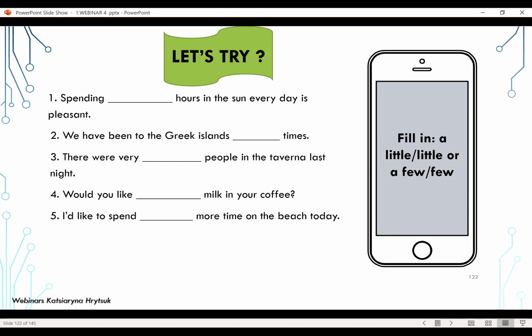Be careful. Here again, time for you. A few? No. Here it's time, not times. And this is different. Here it's time. A little more time on the beach today. Yes, a little more time on the beach today.